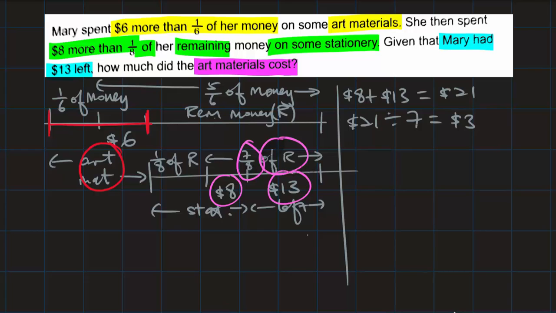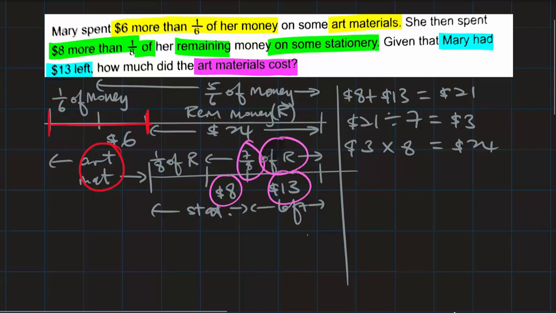And then 8 out of 8 would be everything, so I multiply this by 8. That's $24. So this part here is $24. Found that.